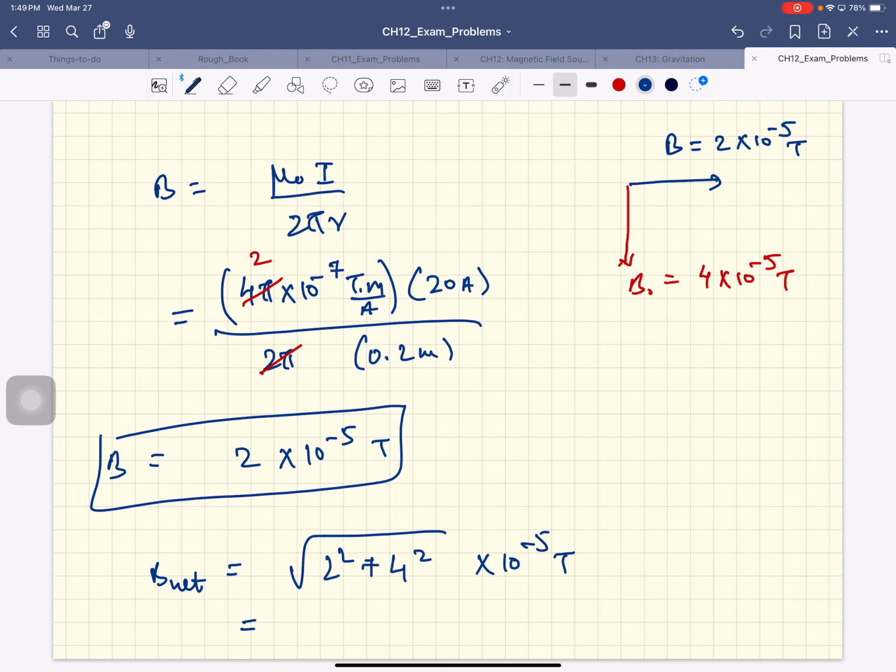That is the square root of 20. Okay, that's the net field.